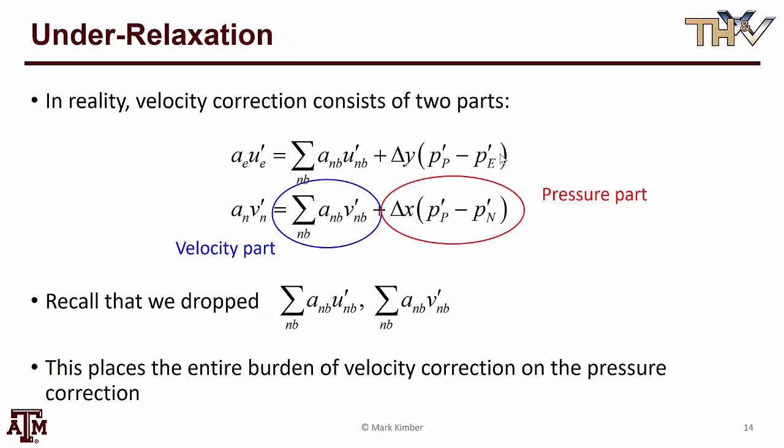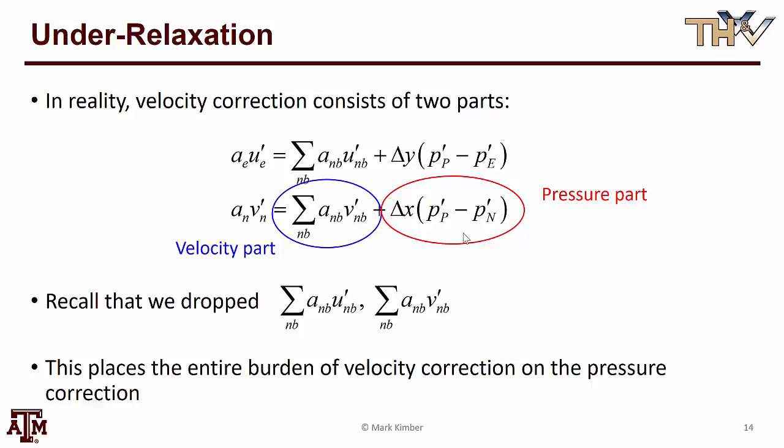So it's important to note here that we neglected this component shown here in blue. In the velocity corrector equation, we dropped this out. We dropped the velocity component out, and we said that it was approximately equal to the quantity you see here as a pressure term.